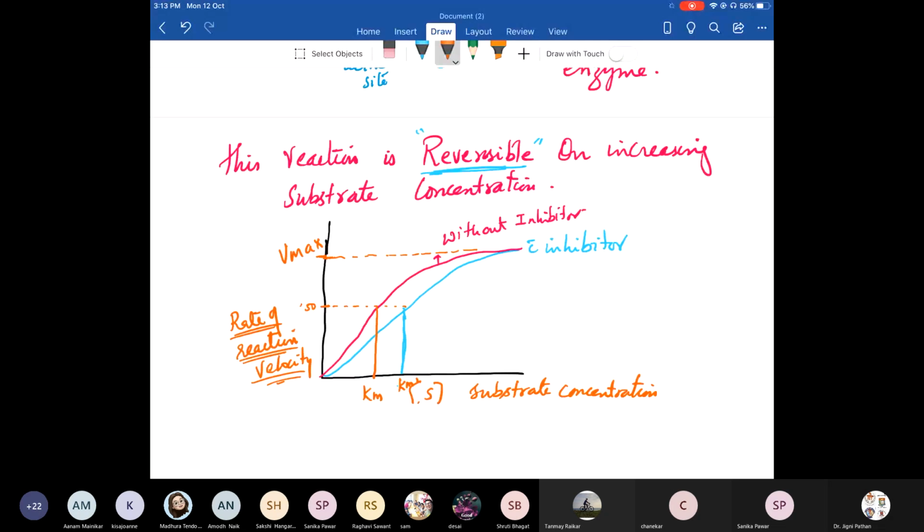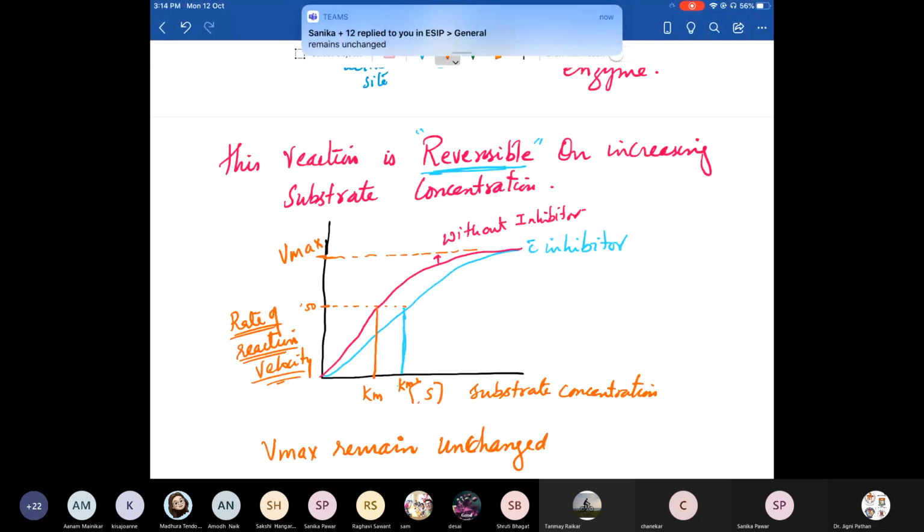Vmax remains unchanged. So if the question is asked, what happened to Vmax in competitive inhibition? What will be your answer? Does Vmax remain changed or unchanged in competitive inhibition? Remains unchanged. Do you all agree with this sentence?